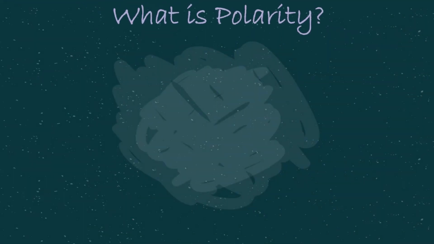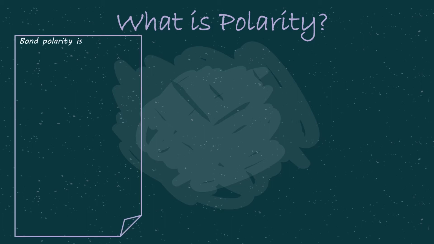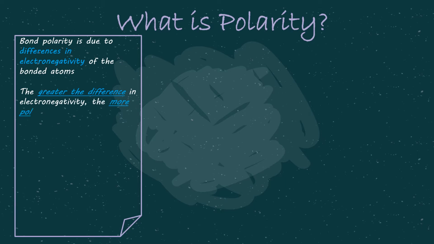Okay, what is polarity? So basically in chemistry, polarity is the separation or distribution of electric charge in a molecule or a bond. So bond polarity is due to the difference in electronegativity of the bonded atoms. The greater the difference in electronegativity, the more polar the bond.